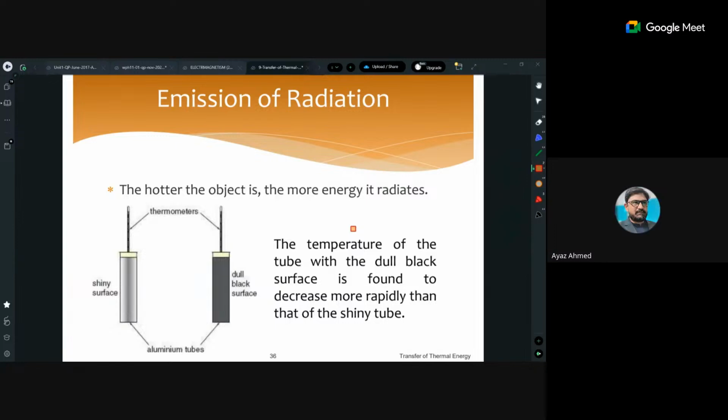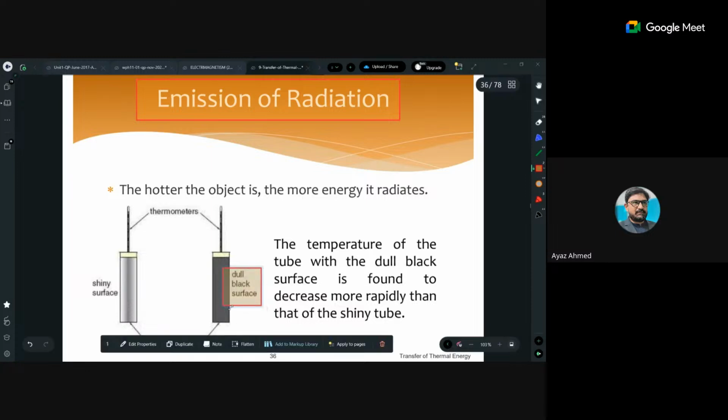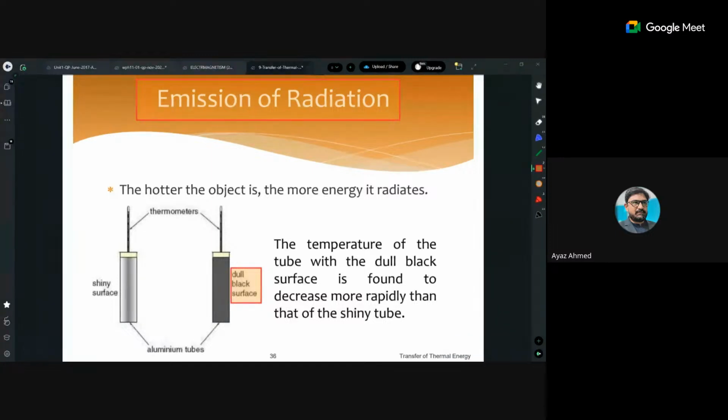ओके, इमिशन ऑफ रेडिएशन इज बेसिकली अ प्रोसेस, यानी हमने ये देखना है, दिस इज वेरी इंपॉर्टेंट फेज कि what are the factors which affect the radiation. So the radiations are emitted by dull black surfaces. Dull black surfaces are best emitters of radiations as well as best absorbers of radiations.